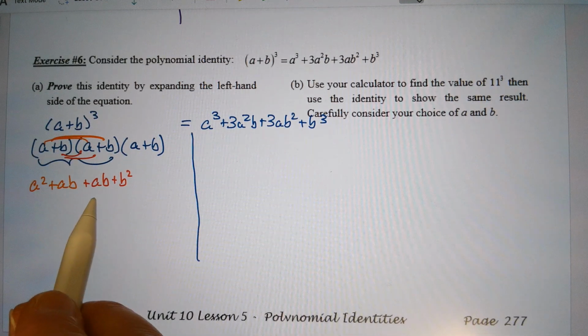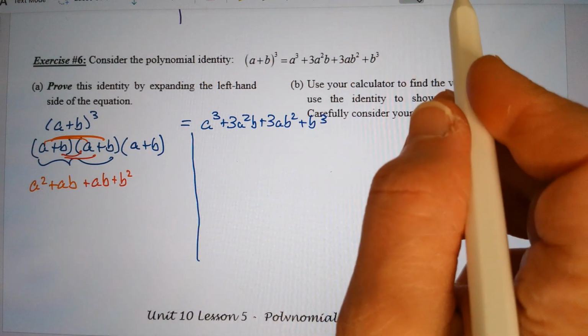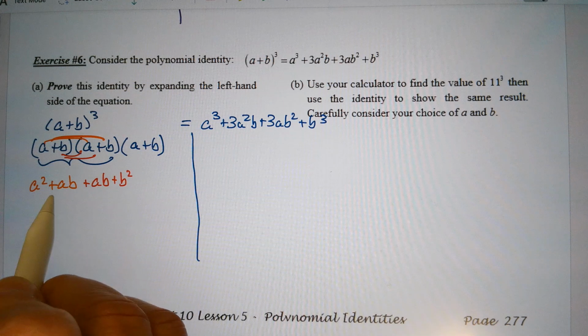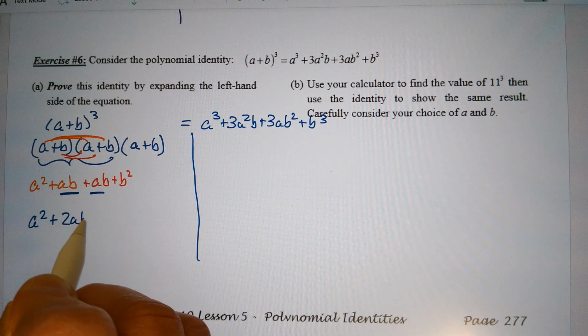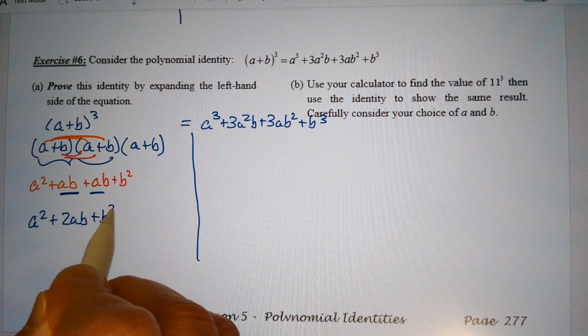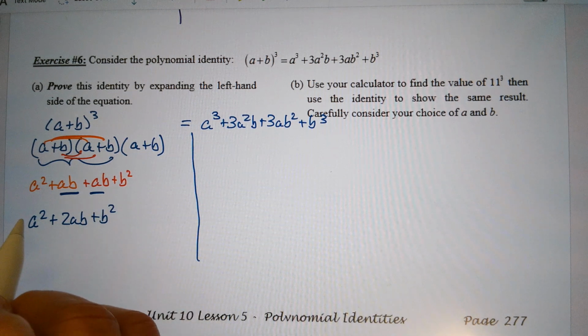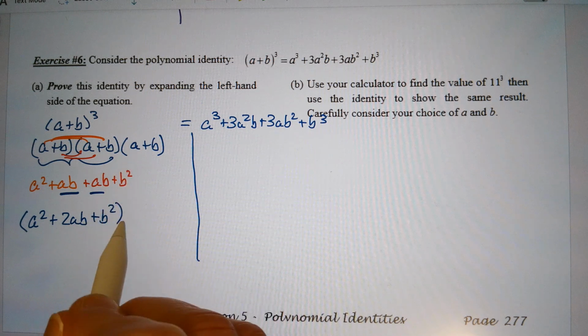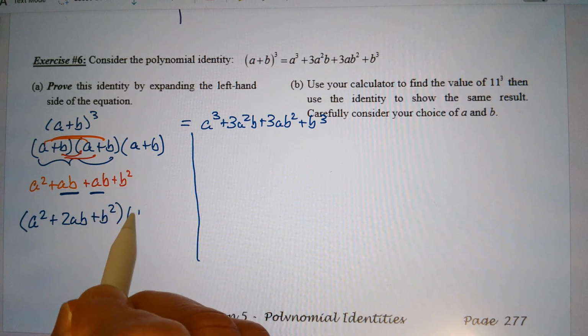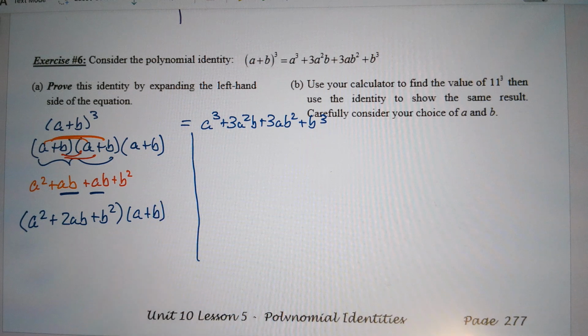Combining like terms here, we have a squared plus 2ab plus b squared. Wrap that in parentheses and bring down the third binomial.